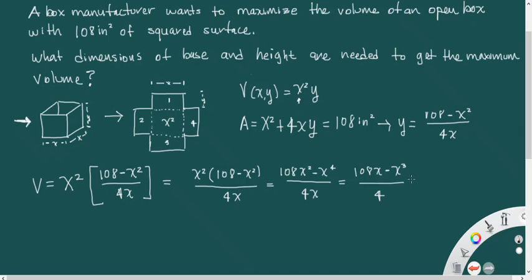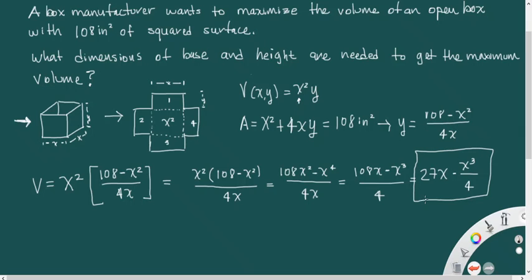Okay, and dividing this number, this is equal to 27x minus x cubed over 4. So this is the volume, this is the objective formula.